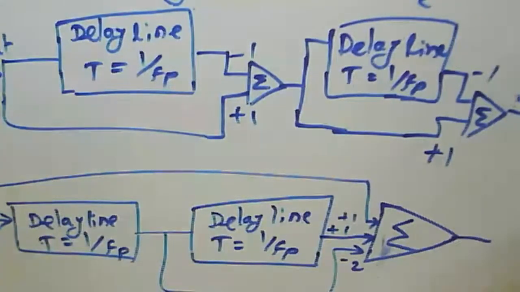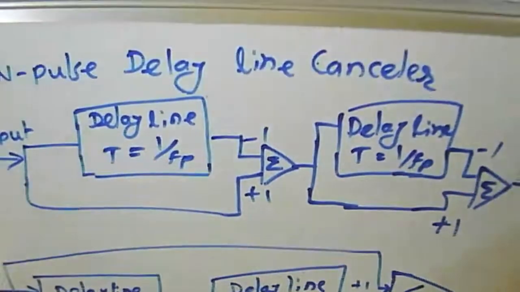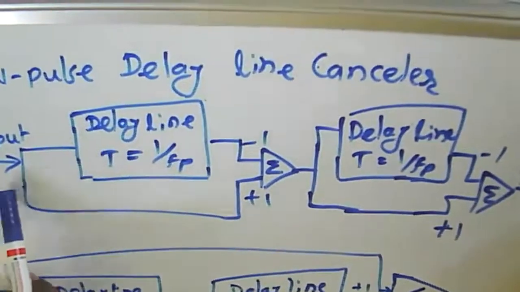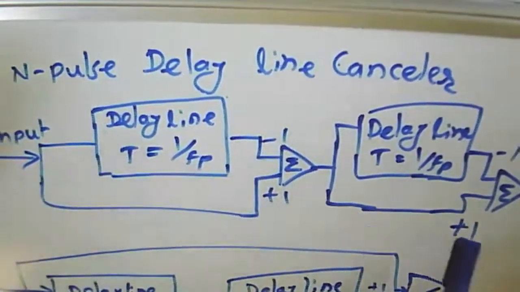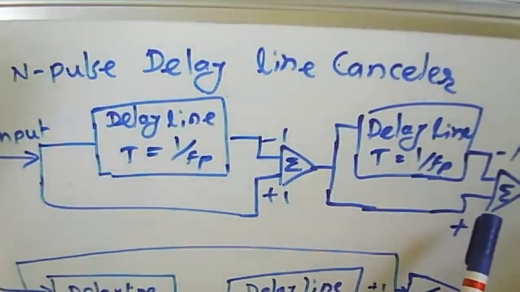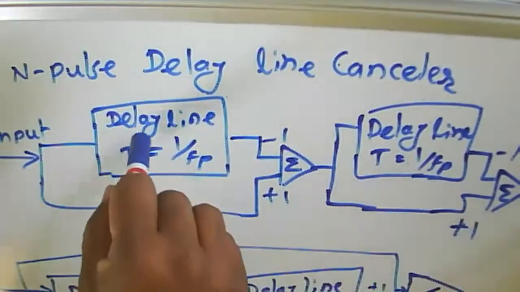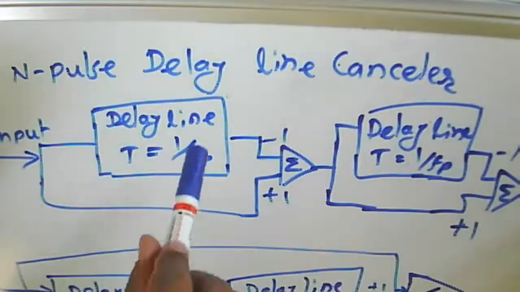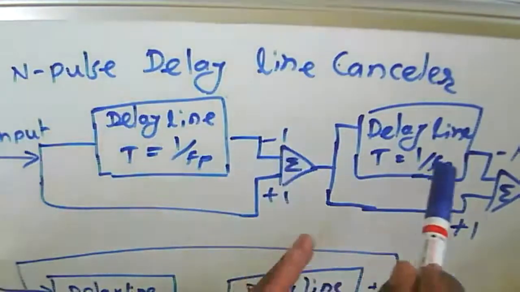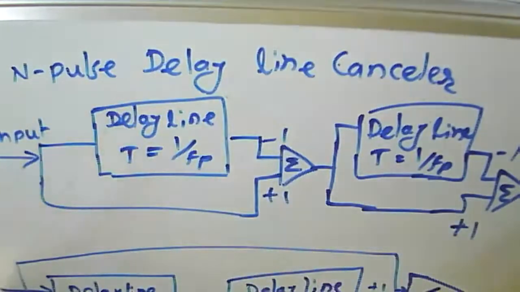Another one is an example. Consider what the input will be for each pulse canceller here. This is a two delay line canceller. The output depends upon delay line 1 and delay line 2, the summation of these, and here it is the output of all these three.